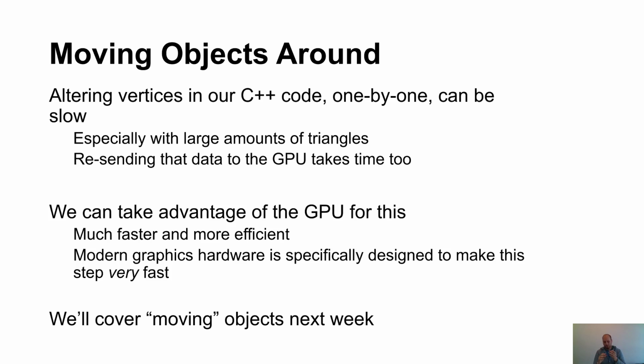But also taking that data and moving it to the GPU takes time too, and that's really a limitation of the bus speed between the GPU and the CPU, and also the contention on that bus with other things on your computer. So if we can avoid it, great. And if we can use the fastest method, we should. That's what OpenGL is trying to help us do. We'll talk about how to do that more in a future lecture.